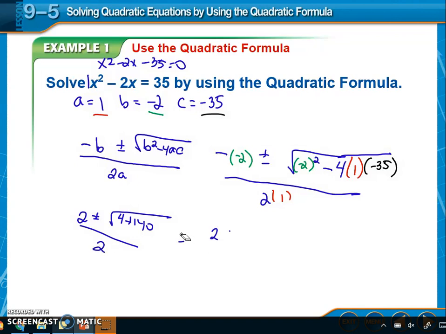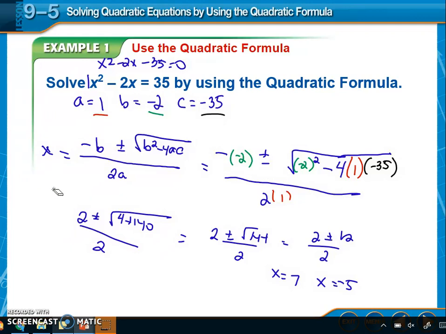So this becomes 2 plus or minus the square root of 144 over 2. Square root of 144 is 12, so I have 2 plus or minus 12 over 2. So 2 plus 12 is 14 divided by 2 is 7. And 2 minus 12 is negative 10 divided by 2 is going to be negative 5. So you get 7 and negative 5 are your values for x.